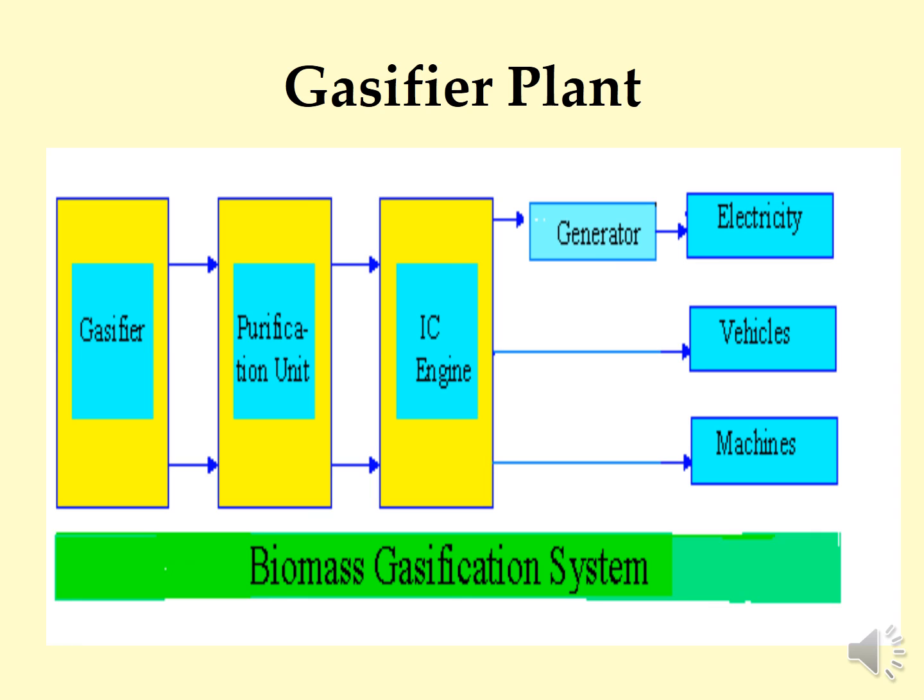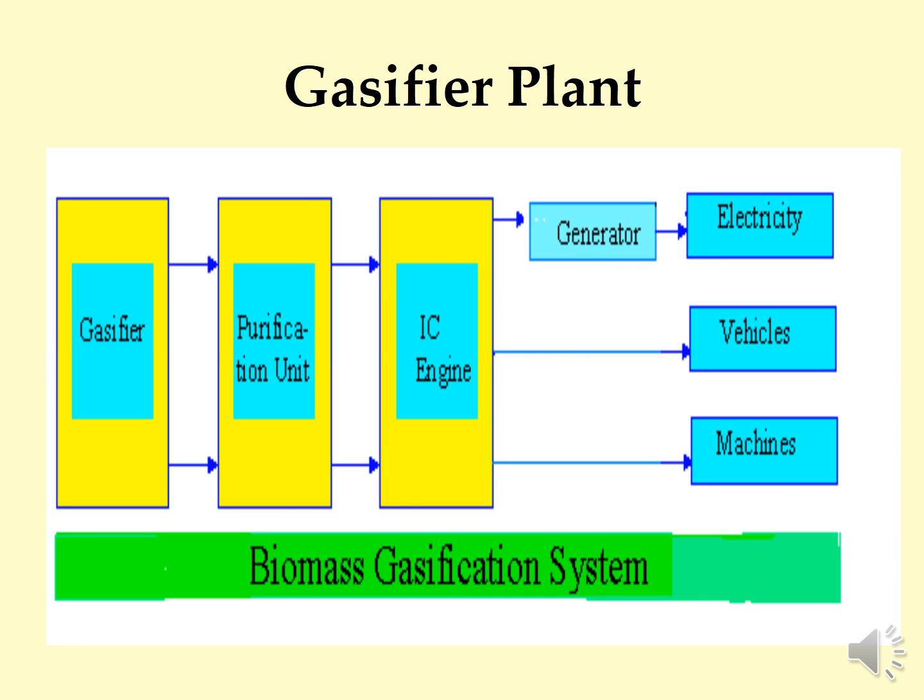So the application of the gasifier plant, how it is applied to engines. The gasifier produces the gases. It is purified in the purification unit and can be supplied to IC engines. IC engines can run a generator and generate electricity, or IC engines in vehicles can run on the roads, and IC engines connected with machines can run the machines.